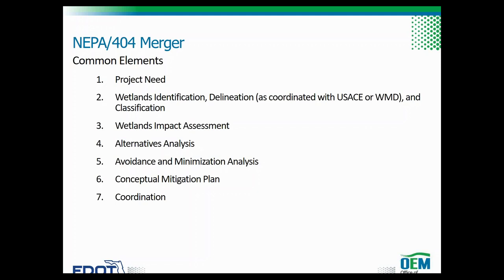6. Conceptual mitigation plan. A conceptual mitigation plan for unavoidable wetland impacts is developed in the PD&E phase and refined during the permitting phase. The conceptual mitigation plan should identify the amount of mitigation necessary to replace the loss of wetland functions as identified by UMAM or other functional assessment.